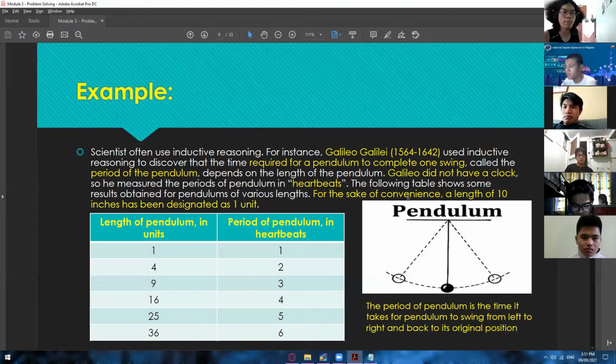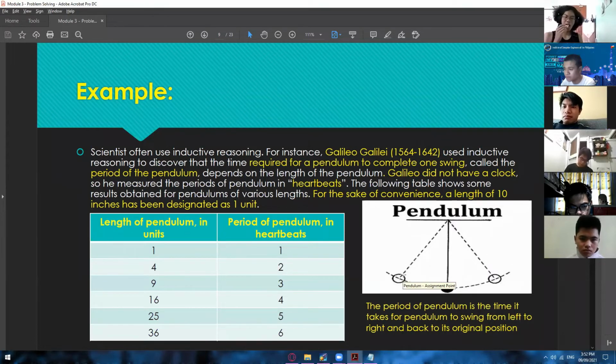For the sake of convenience, a length of 10 inches has been designated as 1 unit. So if we have 10 inches, that's already considered as 1 unit. A 10-inch pendulum will take 1 heartbeat to complete one swing. And when we say one swing, it goes from its rest position, swings to the right, and then must go back to its original position.